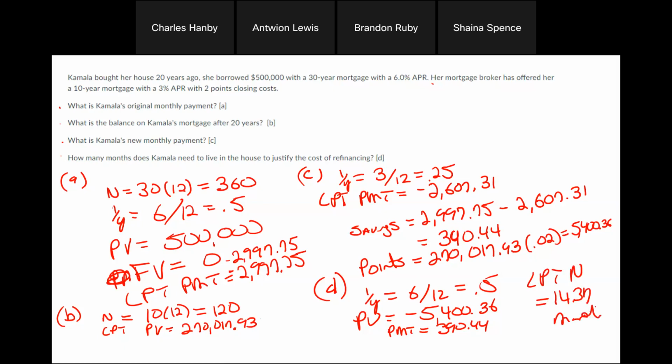So it's pretty easy to see that as long as she's planning to live in the house for the next 15 months, she's going to benefit from, or at least break even from refinancing the mortgage. One of the biggest mistakes people make when they refinance is not thinking about how long you intend to be in a house.